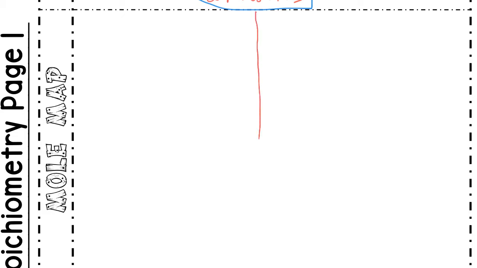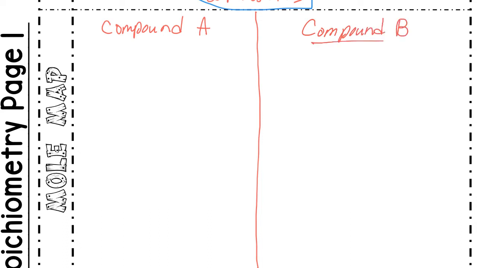So we're going to divide this in half. And we're going to talk about compound A, just to kind of make up some compounds. And we have compound B. In the last unit, we learned that we can convert grams to moles.